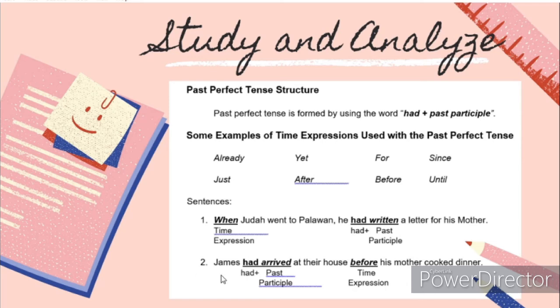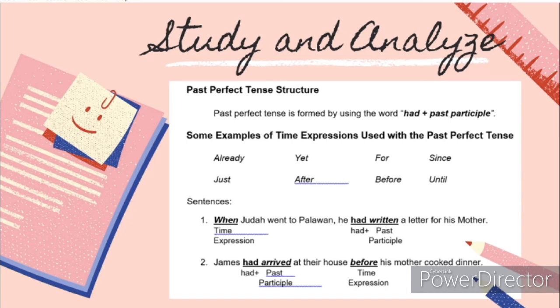Second sentence, James had arrived at their house before his mother cooked dinner. The time expression used here is the word before. Let's take a look at the verb. The verb follows the past perfect tense form: had plus the past participle. Arrived is in its past participle.